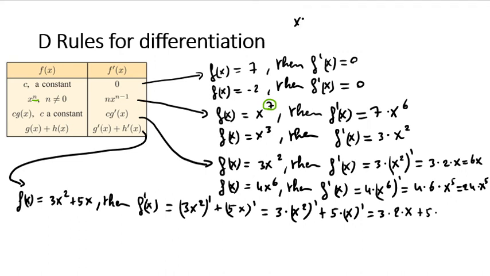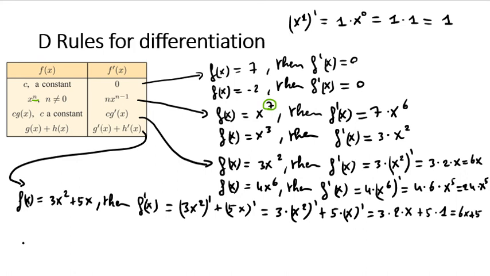So the derivative of x, or the derivative of x to the power of 1, is equal to 1 times x to the power of, and you lower the exponent by 1, which is 0. So we have 1 times, and x to the power of 0 is just 1. So it's 1 times 1, which is 1. So in other words, the derivative of x is always equal to 1. So the answer here is 6x plus 5.